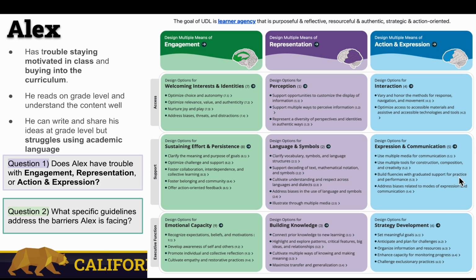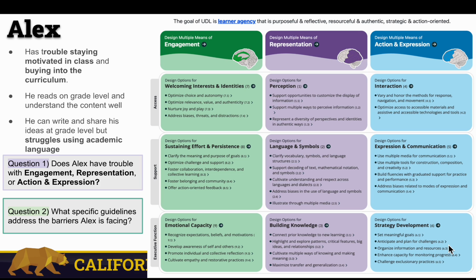So if we look at it through the lens of action and expression, I could look around here and say, let's see, use multiple media for communication. Use multiple tools for construction, composition, and creativity, build fluencies, address biases, set meaningful goals, anticipate and plan for challenges. I know that he struggles using academic language, so I can anticipate and plan for those challenges.